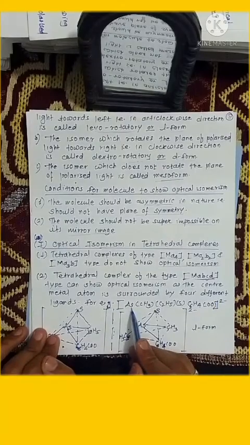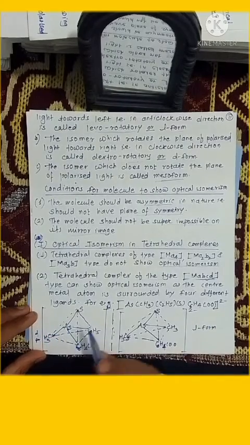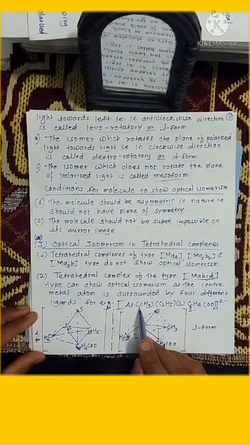So, we are going to see an example of this complex. Just see in this complex, M is attached to 4 different ligands. This is the D form of this complex.